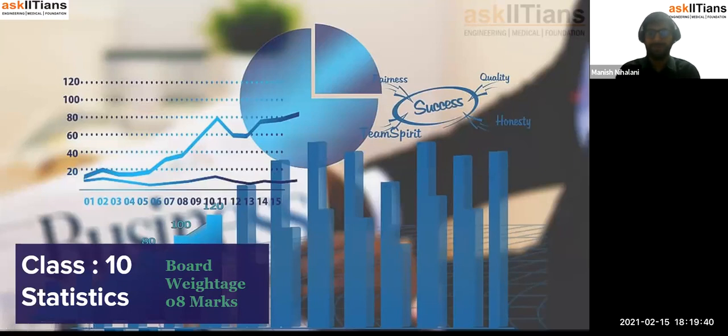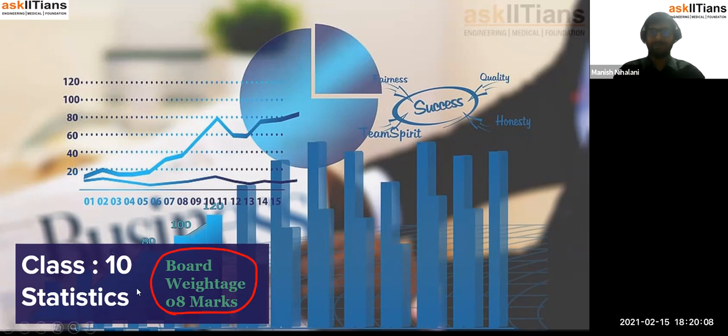I mean, obviously, knowledge is definitely more crucial than that, but from an examination point of view, even marks are of utmost importance. So this chapter is for 8 marks in your board examination, which makes this chapter very, very important. Also, a graph question is observed every year from this chapter.